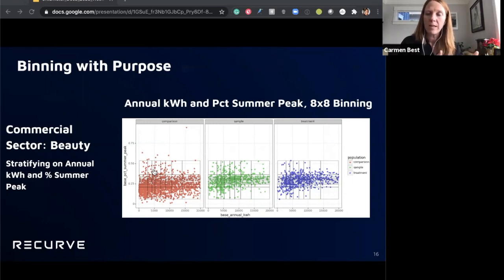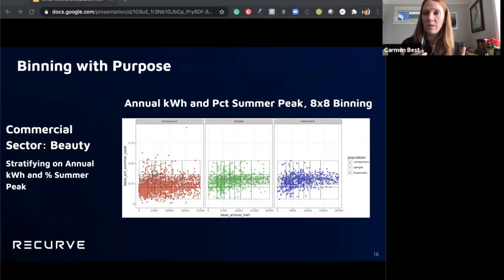And then with that selected sample, which is represented by the green in the middle, you can see that it's edging closer to the purple, which is the treatment group. And each of those two are much better aligned than the scattering of red, that is representing a much larger portion of the whole population.